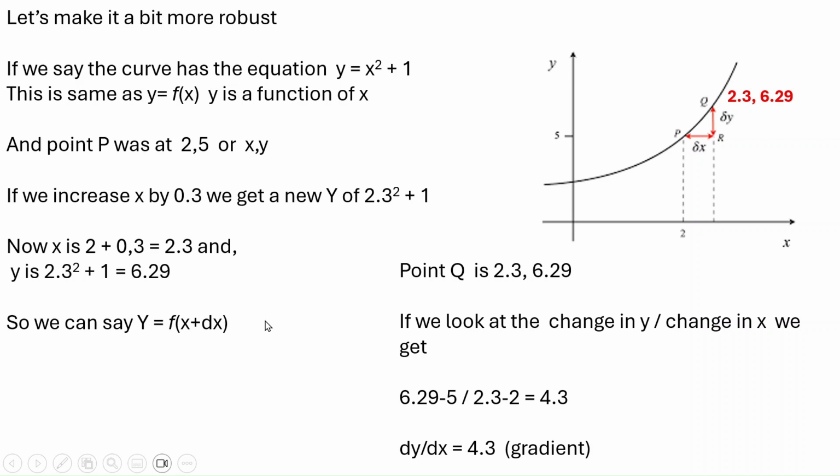I skipped over that a second ago. Apologies, too sensitive a mouse. You notice at the beginning I had y equals f(x). For those of you not familiar with this, when you see y equals f(x), it's not asking you to do something mathematically. The italicized f just means it's a function of. So y is a function of x.